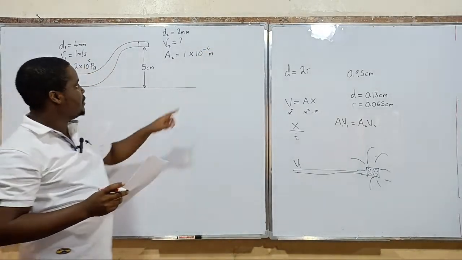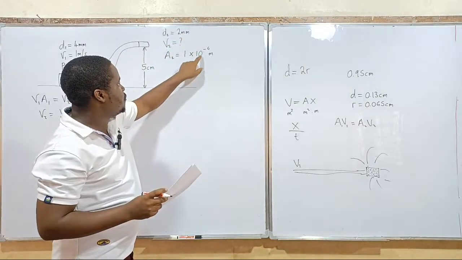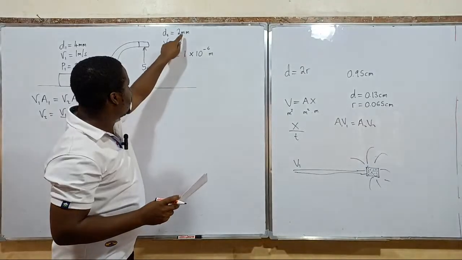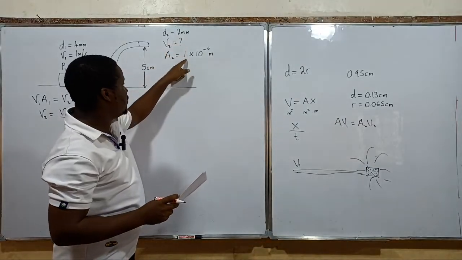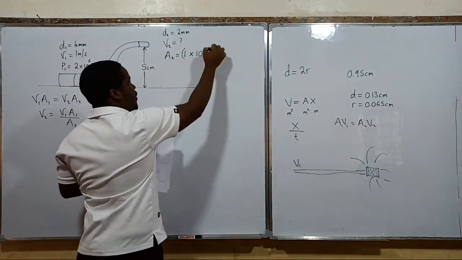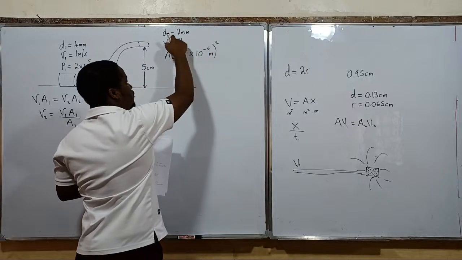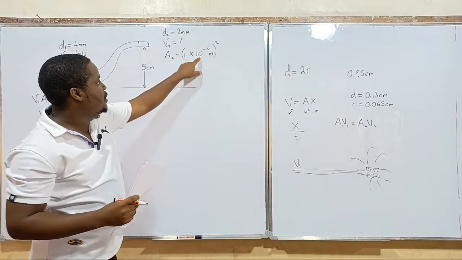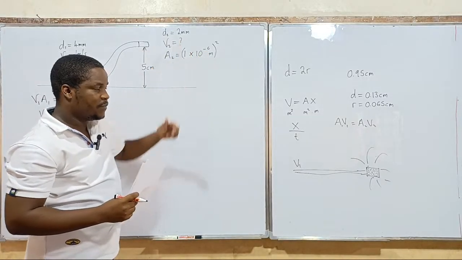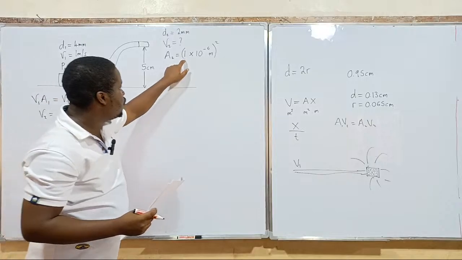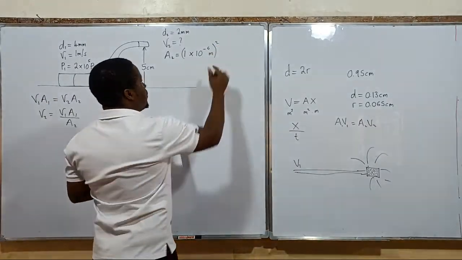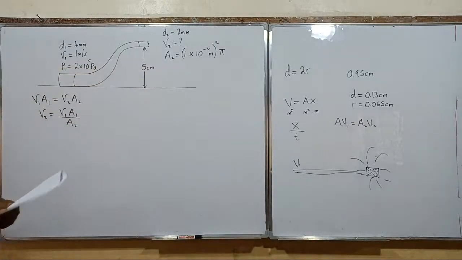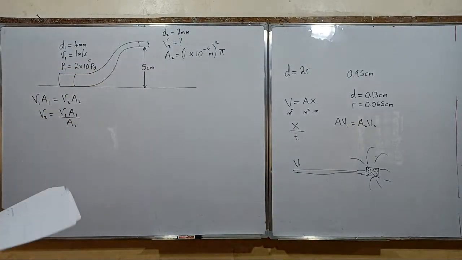What have we done here? A milli has a value of 10 to the power negative 6, a centi has negative 2. The 2 becomes 1 because it's radius now: diameter 2 means radius is 1. The 10 to the power negative 6 is just unit conversion. So area 2 is pi times the radius squared.